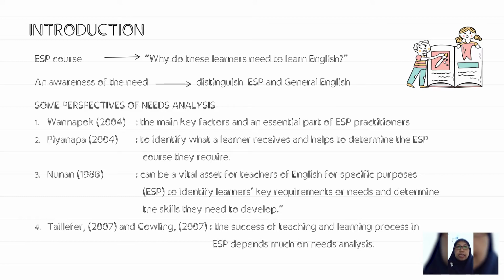In this case, the unchangeable part of an ESP course design is needs analysis, due to the awareness of the target situation, which distinguishes both of them. The awareness of learners or teachers of why the learners need English will influence what will be acceptable as reasonable content in the language course and what potential can be exploited.